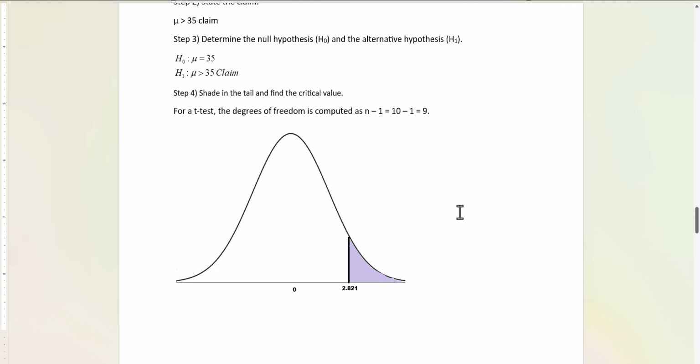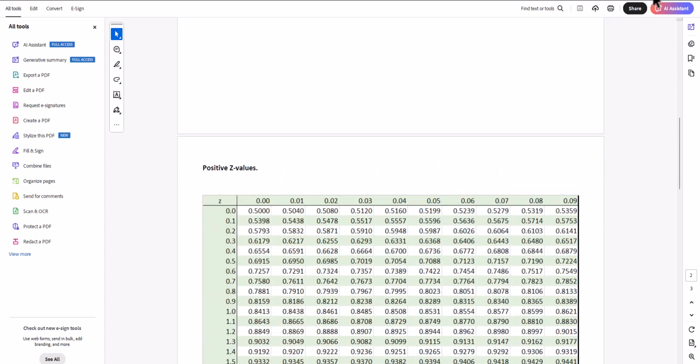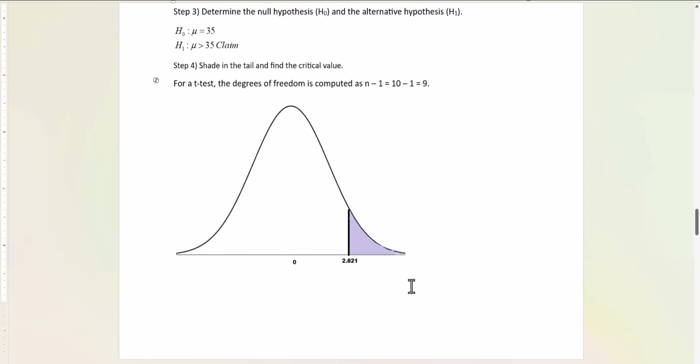So to find the t-value, we need to compute what's called degrees of freedom, which is n minus 1. Since we have 10 data values, 10 minus 1 is 9. To look up the critical value, first of all, let's find our alpha. It's 0.01.